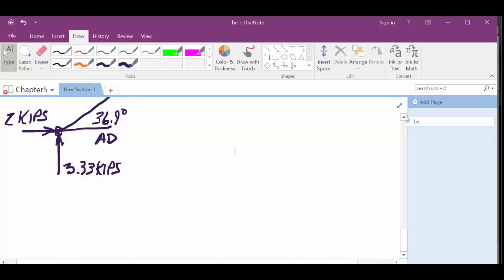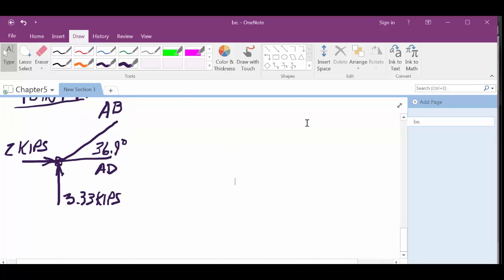Now, how could we decide that? Well, look, you've got two members here that are doing something in the X direction, aren't they? They're working against this 2 kips. But we've got 2 there. So we really don't know. One of them could actually be tension, one could be compression, based on what else is going on in the rest of that truss.